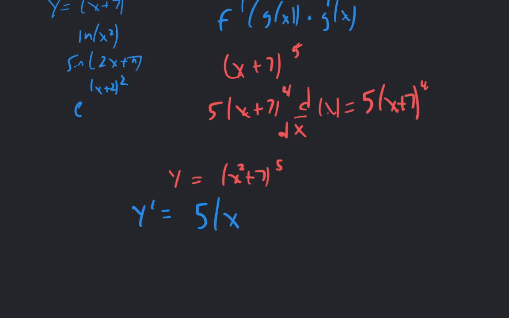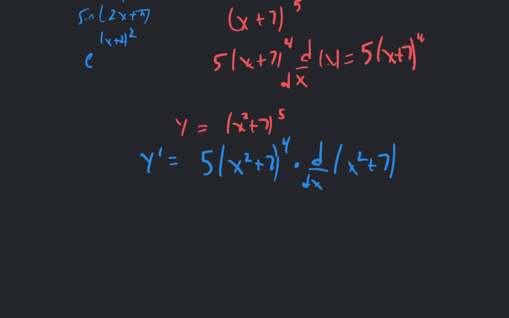Y prime is equal to 5 times x squared plus 7 raised to the 4th times the derivative of x squared plus 7. And the derivative of x squared plus 7 would be 2x plus 0.